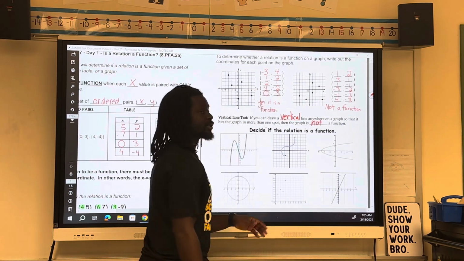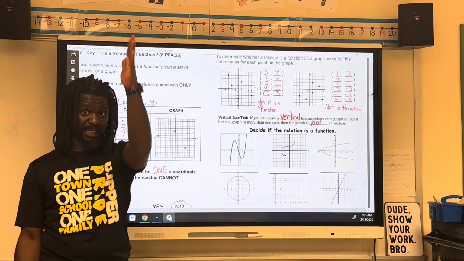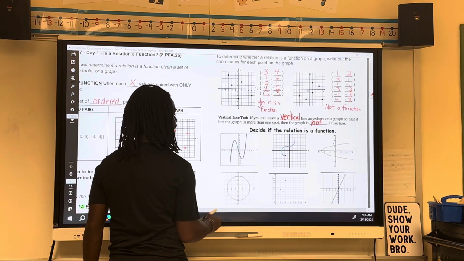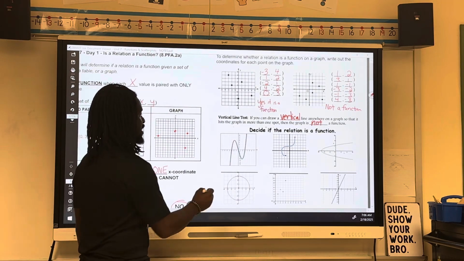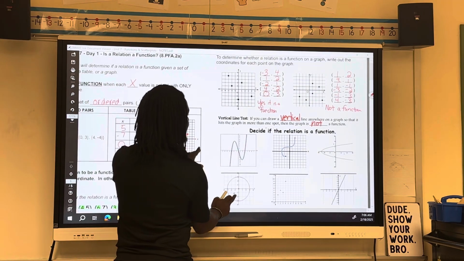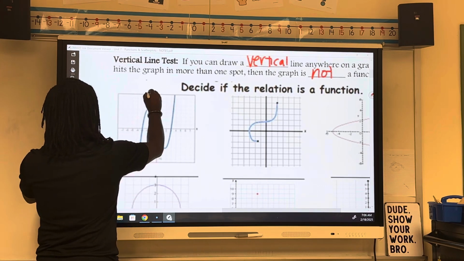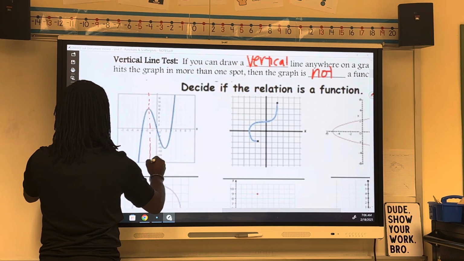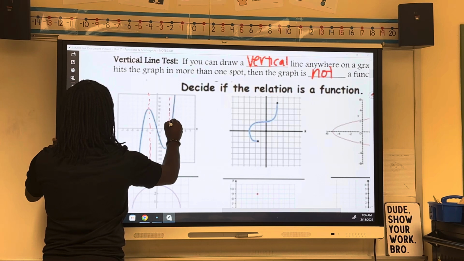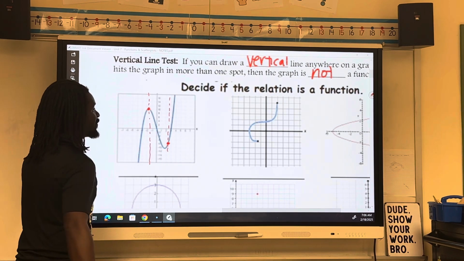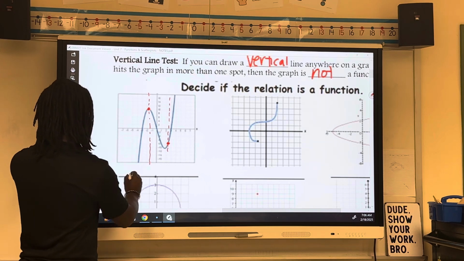Okay. So if I draw this straight line, it can only hit my graph at one spot, okay? So I'm just going to show you my lines by drawing dotted lines. And again, it can be anywhere on the graph. So if I do a dotted line here, or if I do a dotted line here, it only crosses my graph at one spot, so it is a function.